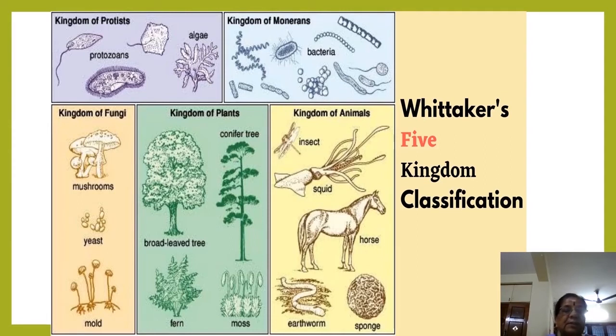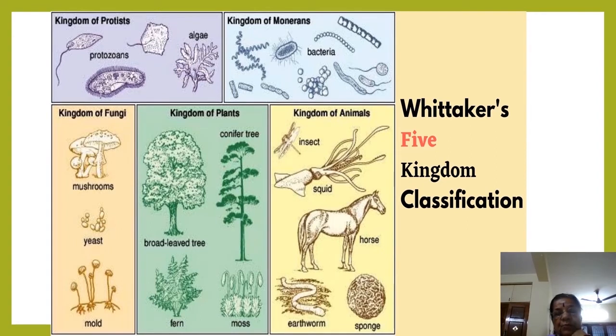The next one, kingdom Fungi. Examples: mushroom, yeast and bread mold, Rhizopus. Mushroom is what we call a dog's umbrella in Tamil. Mushroom, yeast, bread mold. Are you clear?